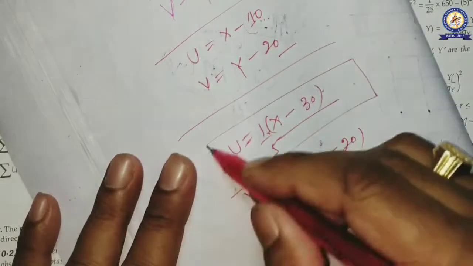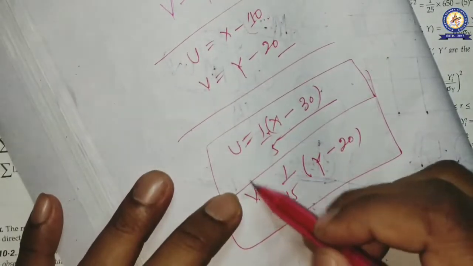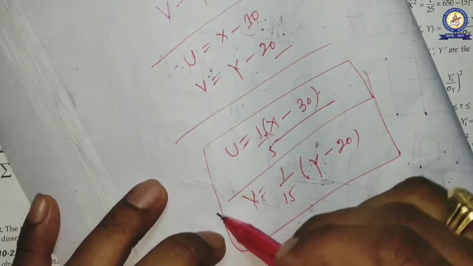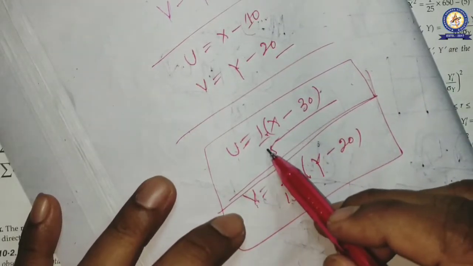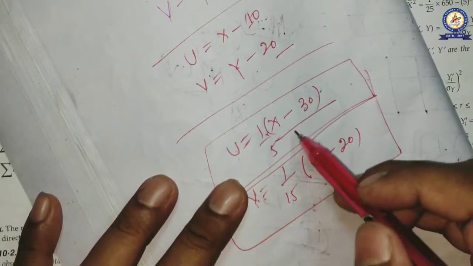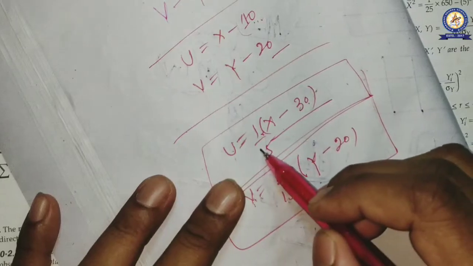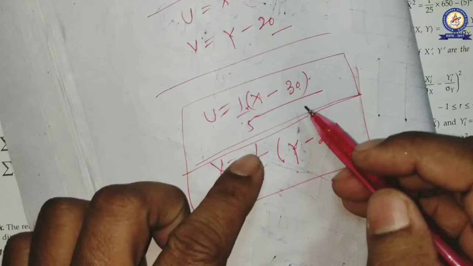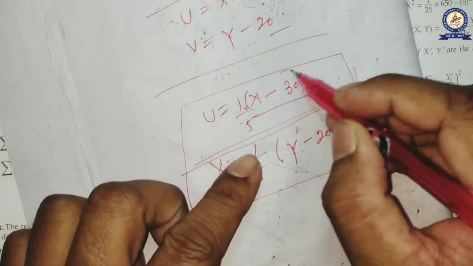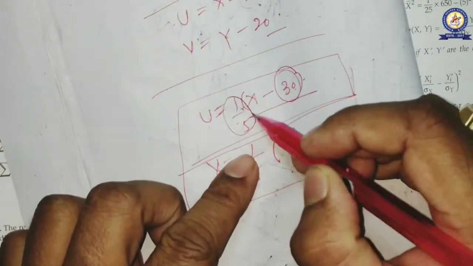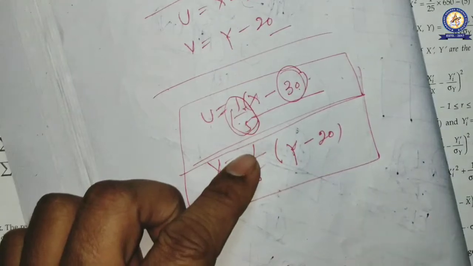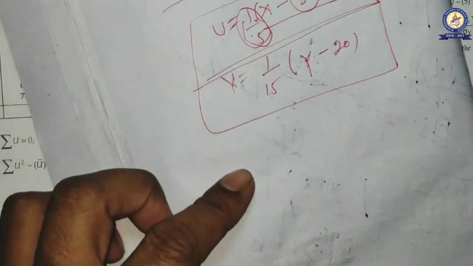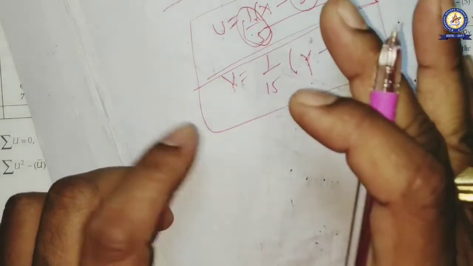So u and v can be written by considering the change of origin and scale of x and y, right? There is no restriction on what value you consider as the origin and what scale factor you use. But we have to remember one thing: you have to use some cleverness.